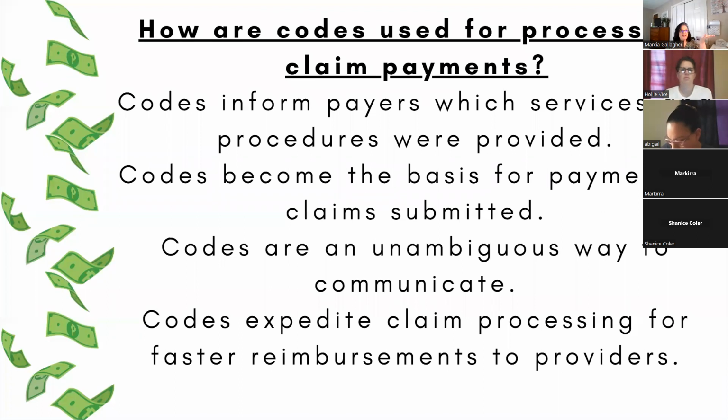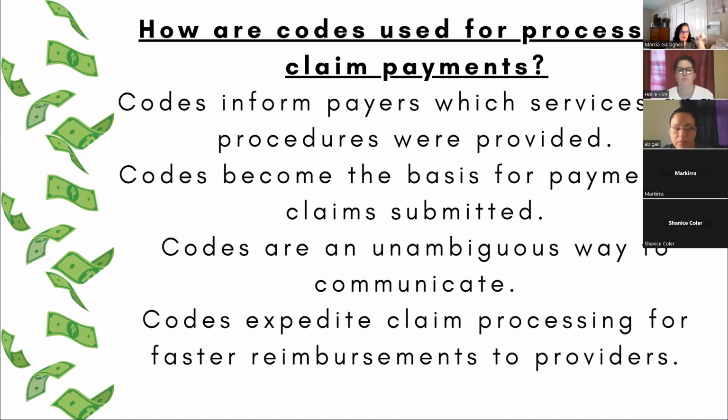So we're going to talk a little bit again about how codes are used for processing claim payments. Codes inform the payers which services and procedures were performed. Codes become the basis for payment of claims submitted. Codes are an unambiguous way to communicate. Codes are used to communicate with your third-party payer so that your doctor can get paid.